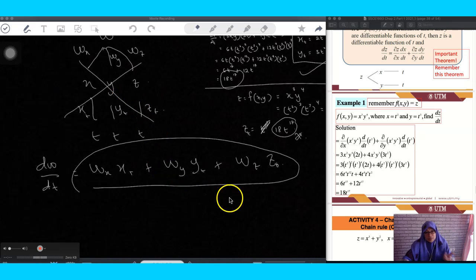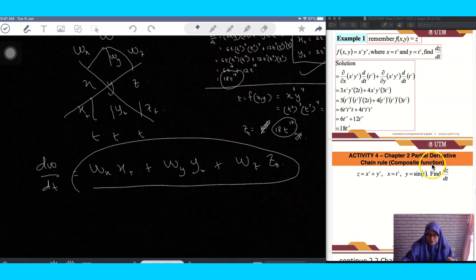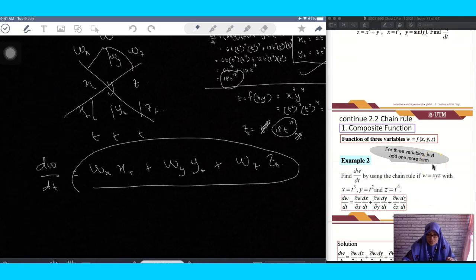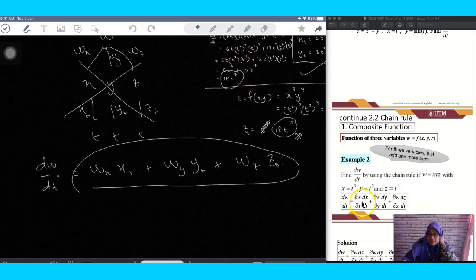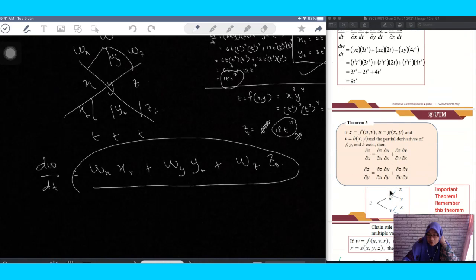Okay, so this is for a three variable function. It's not in the example here. So this is it. Now look at the formula w_x x_t, w_y y_t, w_z z_t. So we got that. Now look at the example.